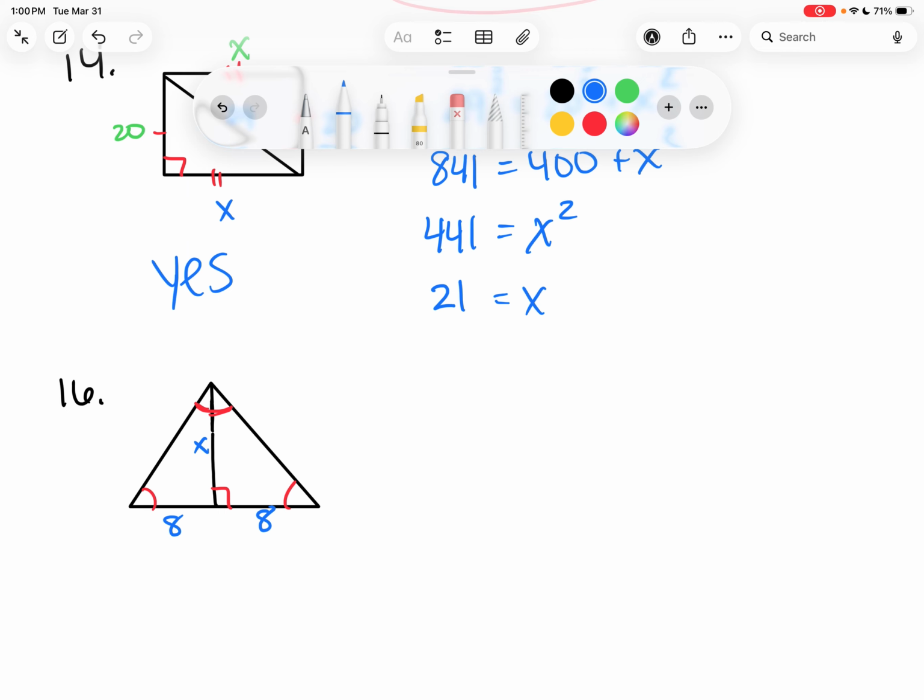All right, so what do I know about this triangle? You know the legs. What are they? 8 and x.